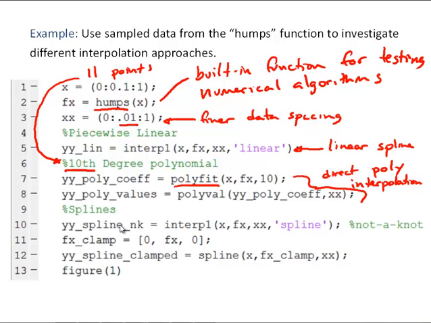The first spline option is just using the not-a-knot, the default spline, and I just used interp1 for that with the spline method. And then to do a spline with clamped end conditions, here we're assuming df/dx equals 0 at the first and last points.